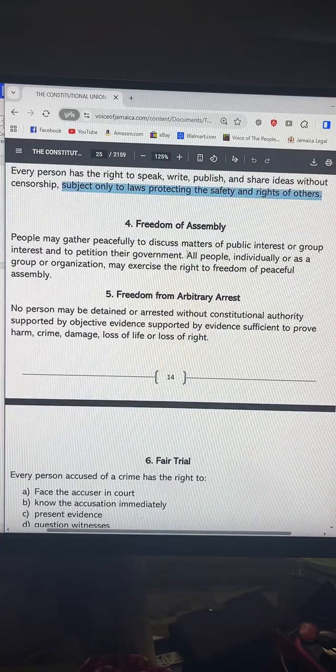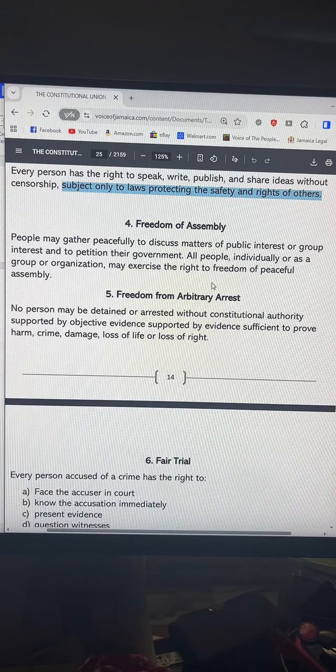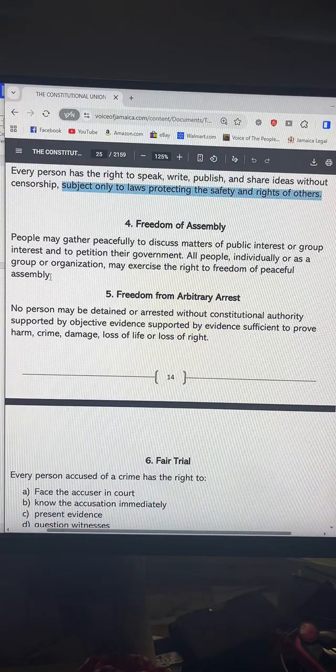Freedom of assembly. People may gather peacefully to discuss matters of public interest or group interest and to petition their government. All people, individually or as a group or organization, may exercise the right to freedom of peaceful assembly. Now, in our current system of government, depending on what you are gathering to do, you may be restricted.